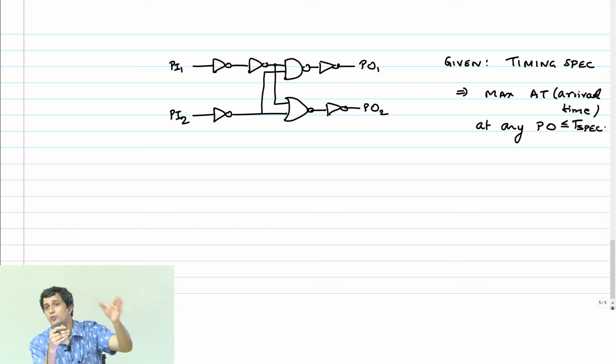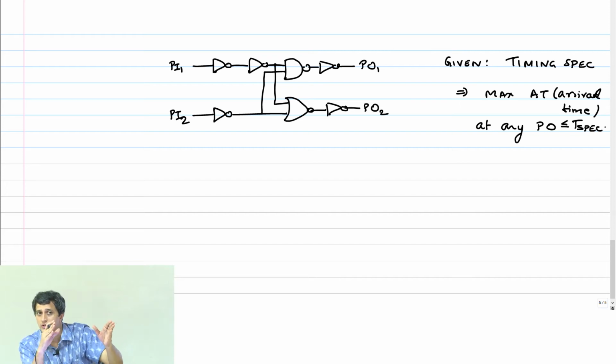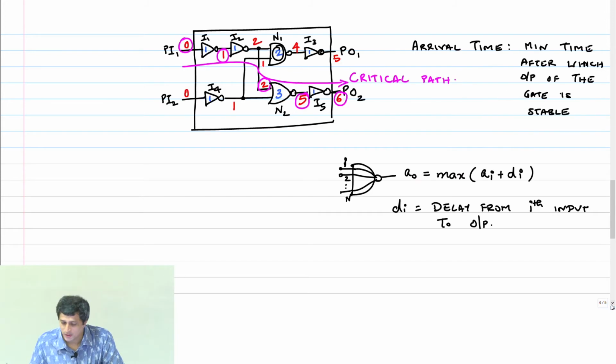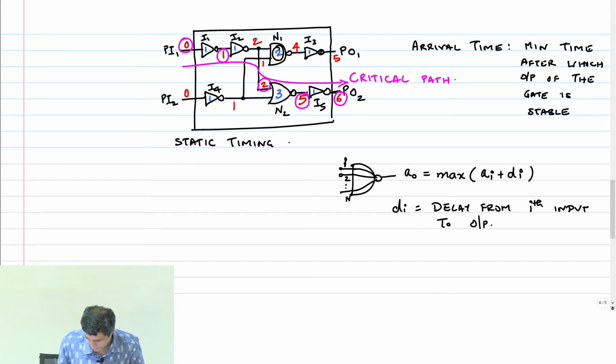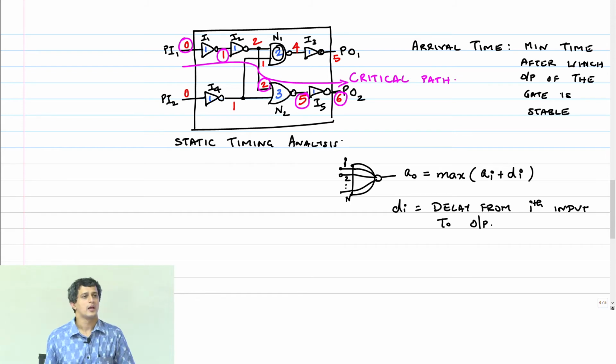There is no input combination that can cause the output to be stable after this T spec. That's what we have done here. Okay, remember. This analysis, by the way, that we did earlier is called static timing analysis. Here, what are we doing?